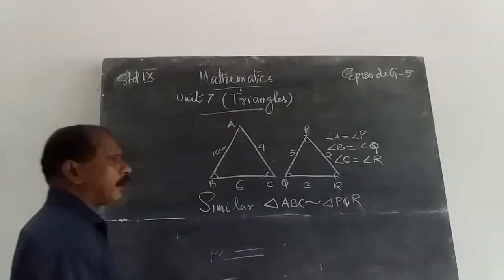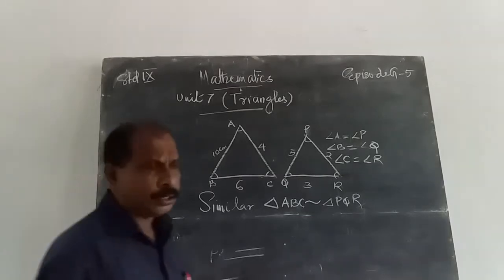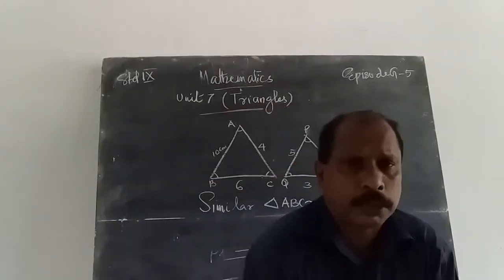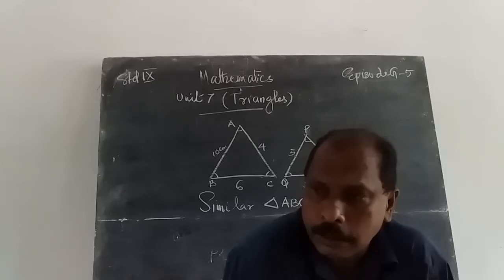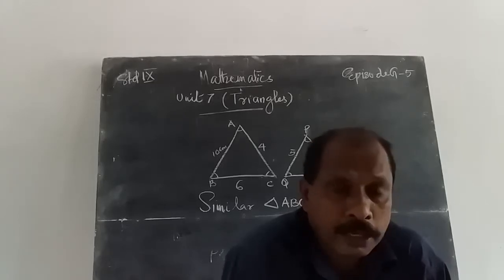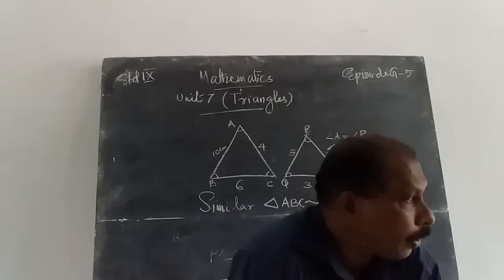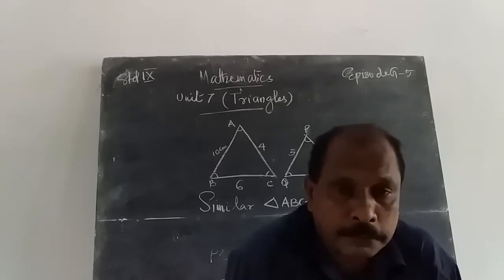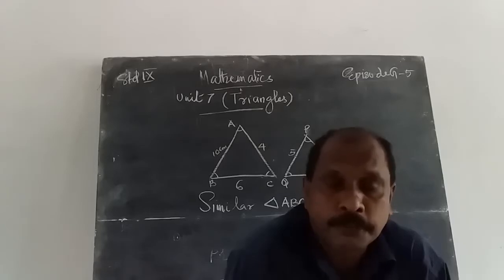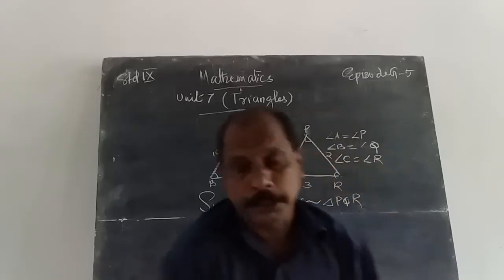Then what is the condition for similarity of triangles? Consider two triangles. The angles of the first triangle are equal to the corresponding angles of the second triangle, and also their corresponding sides are proportional. Therefore, these two triangles are called similar.